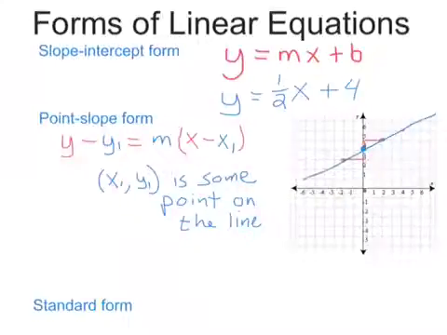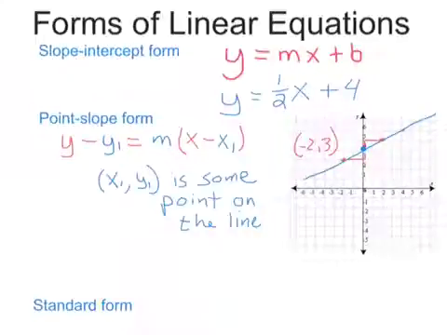And it could be any point on the line, and m is your slope still. So we could write this equation for this line in point slope form, and I just decided to choose this point here, (-2, 3). I could have chosen any point on the line, but we're going to write this equation for this line that has a slope of 1/2 and goes through the point (-2, 3).